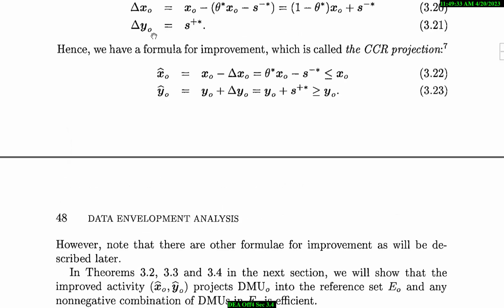So we can improve the efficiency of DMUO by changing the inputs to this X hat O and the outputs to Y hat O.